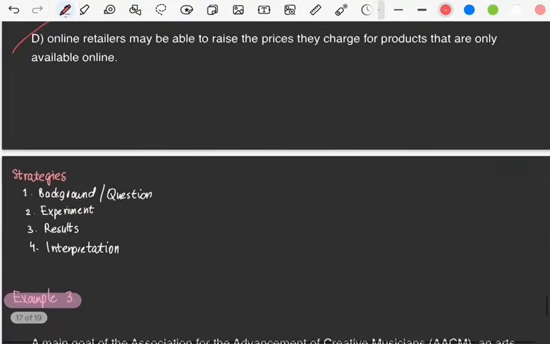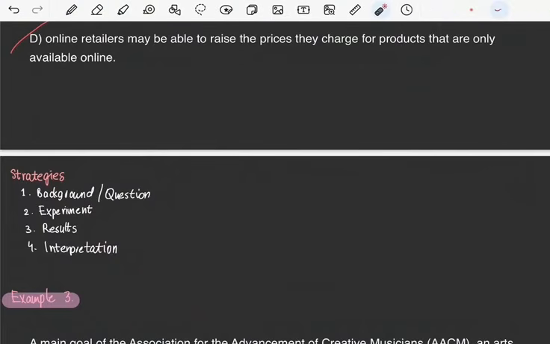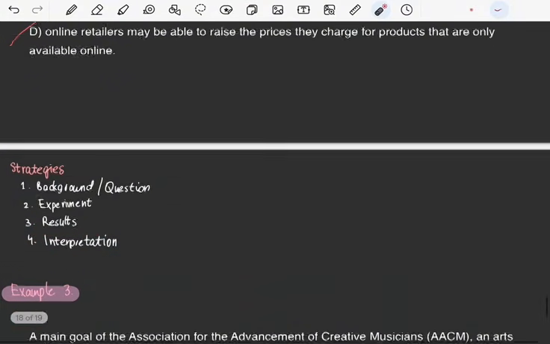Again, this kind of question is called a research-based passage because they provide a background or question. They are talking about some kind of experiment, methodology, and then the results. And you have to interpret these results.